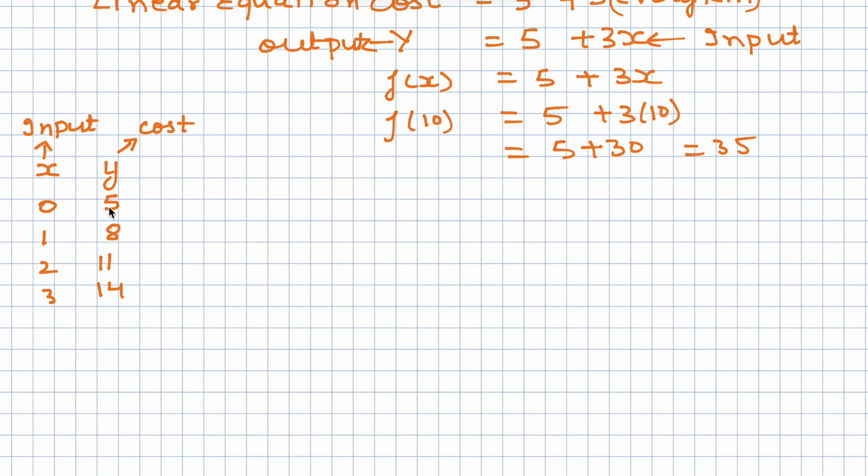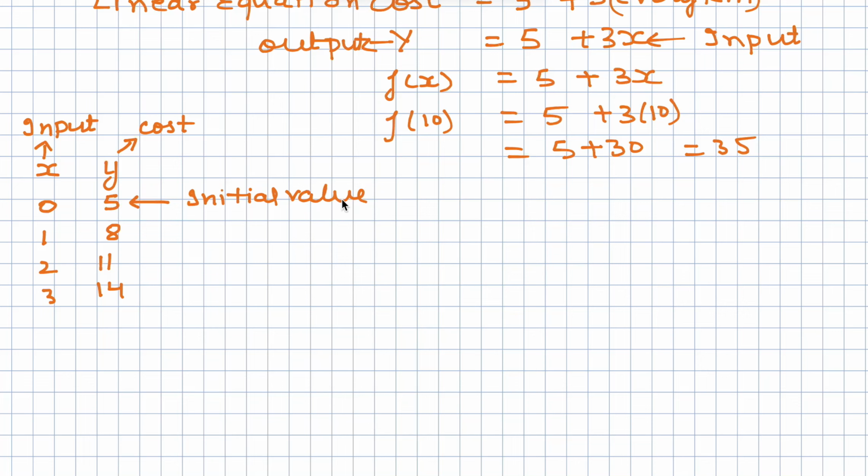Now this 5 is a special value. How? This is known as the initial value, because when you are seeing the story, it's like booking a cab, but when it comes to math, we say it's the initial value. That means no input has been given yet, but even then we have a certain value which is 5.